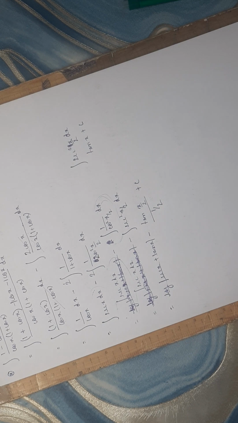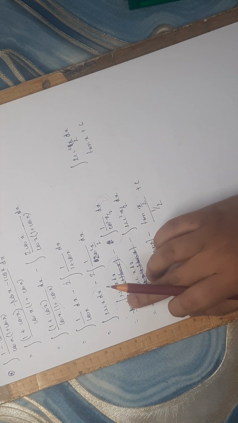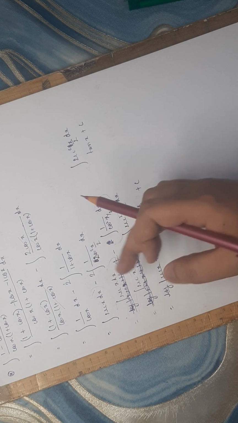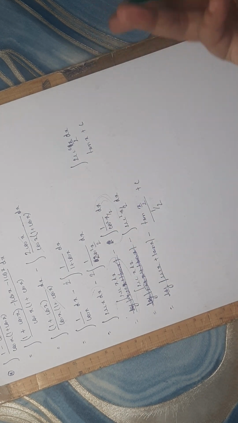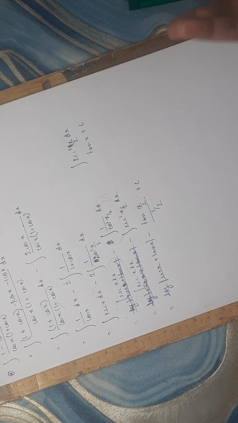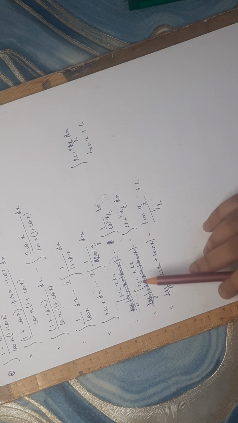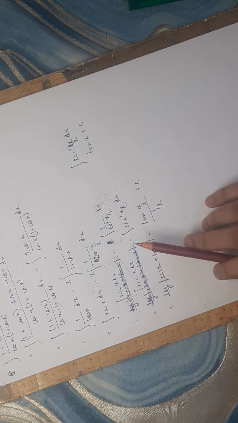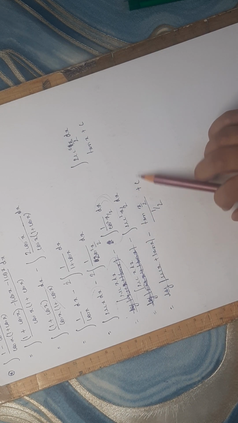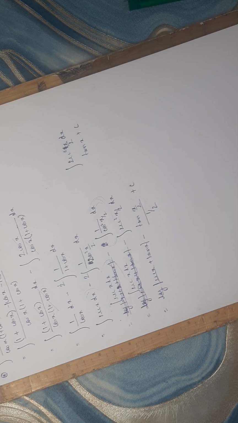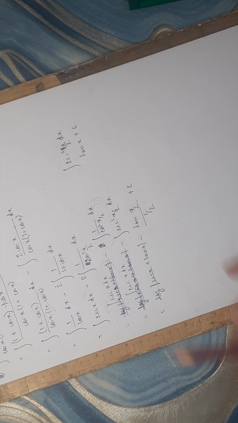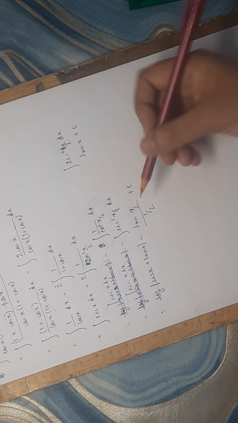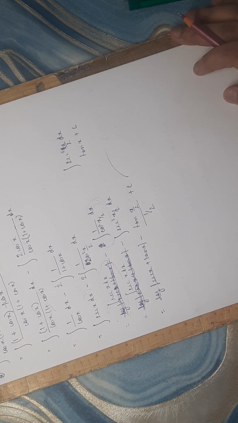Even if you know that the integration of sec x is nothing but log of sec x plus tan x, you cannot integrate it in the next step, because there will be a problem in placing c. So I want you to perform the integration in one single step. That is what I have done here, and this is the final answer.